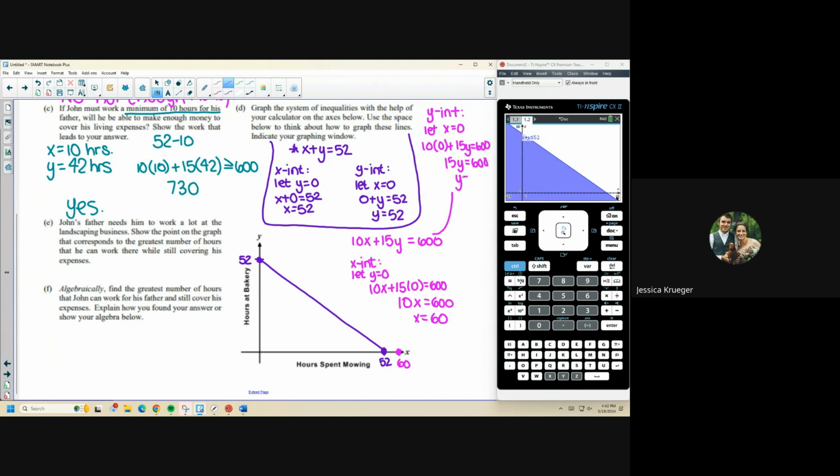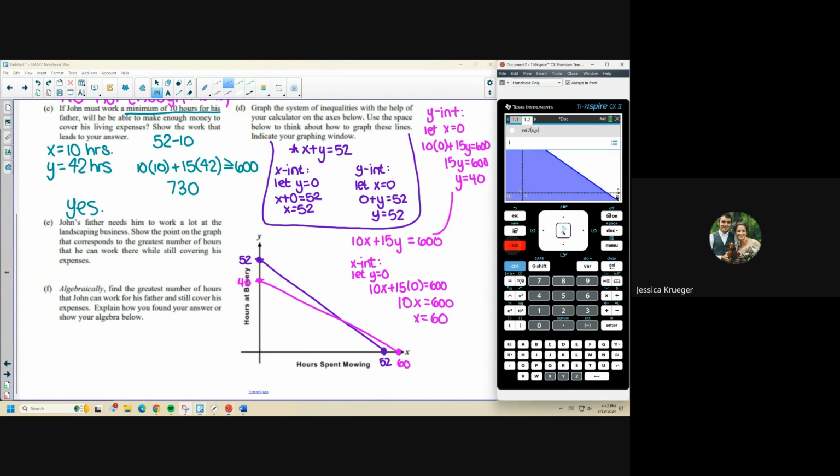And y would equal 15 goes into 60. I think that's going to be 40. So down here, I'll come to my y-axis. I'm going to put a 40 and I'm going to put a point. And now I can go ahead and connect those two. Ooh, that line was not so good. Let me try that again. There we go. That's better.